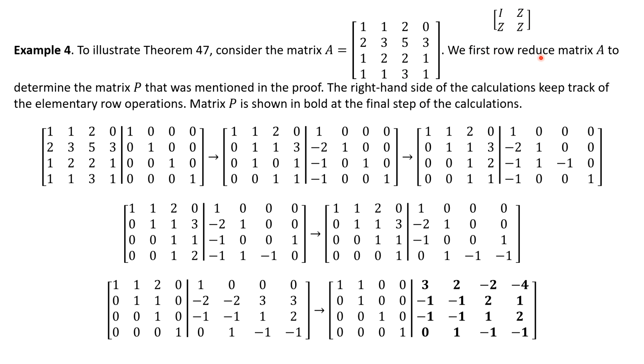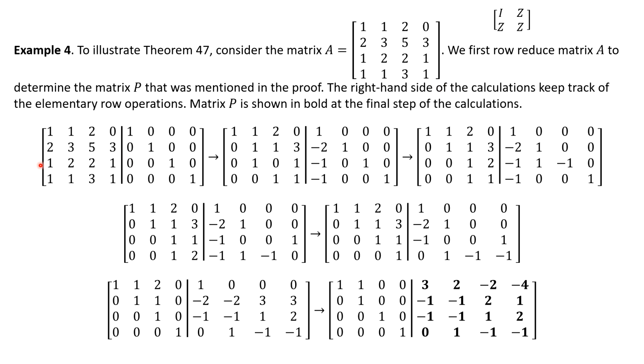So we first row reduce A to determine the matrix P that was mentioned in the proof. The right-hand side of the calculations keeps track of the row operations. When we work through this, what we end up with is going to be our matrix P here.